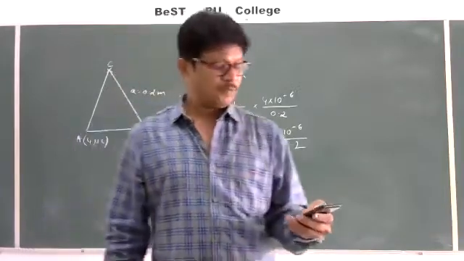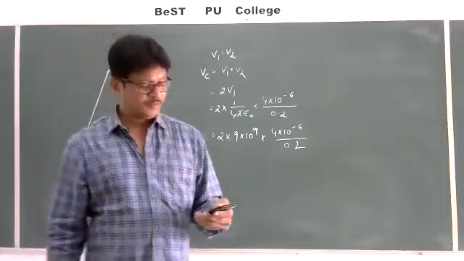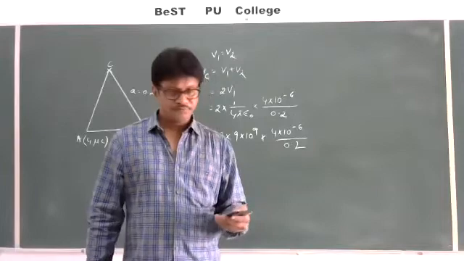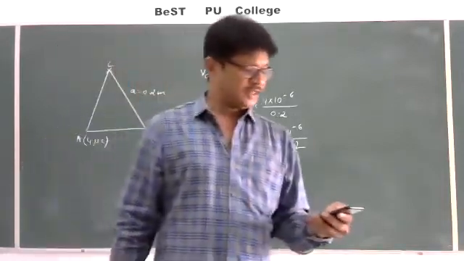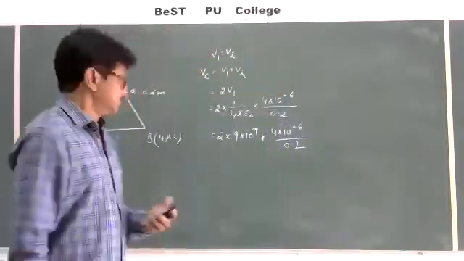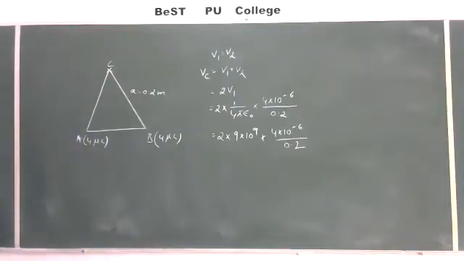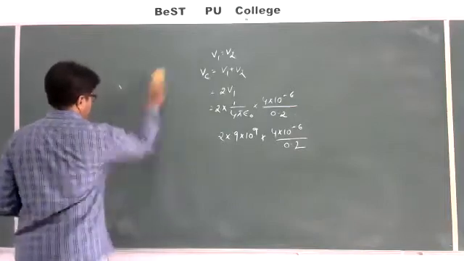The distance of P from minus 6 microcoulomb charge is.